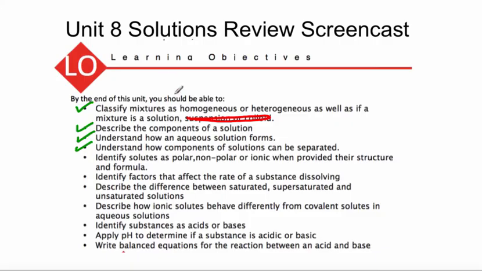All right. So the next thing for us: identify solutes as polar, nonpolar, or ionic, provided their structure and formula. There's some additional information that we'll give you with this, but fundamentally what you need to understand is we spent some time thinking about what this statement means, the statement of likes dissolve likes.